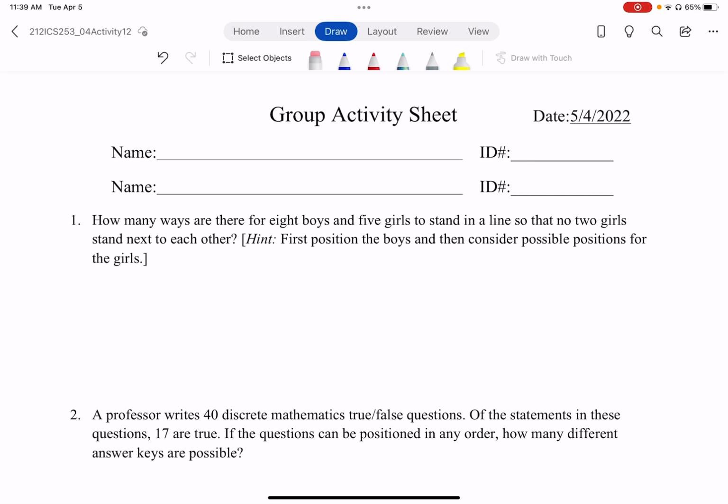So how many positions for the boys? Well, we have B1, B2, B3, B4, B5, B6, B7.